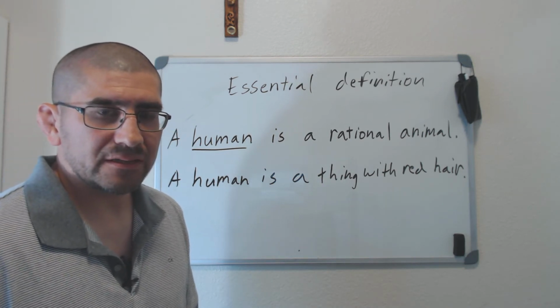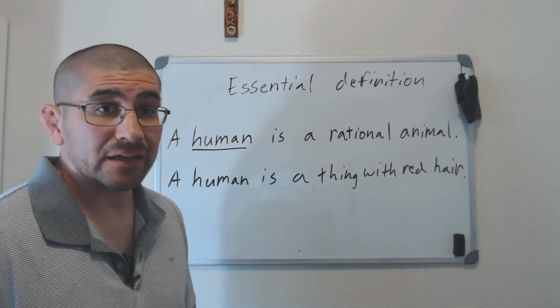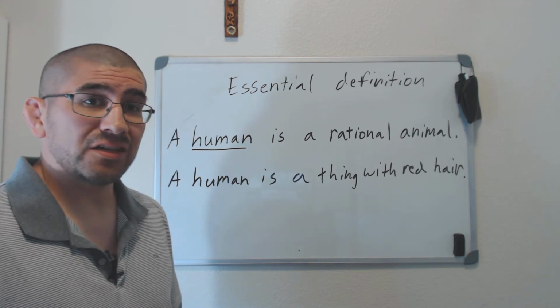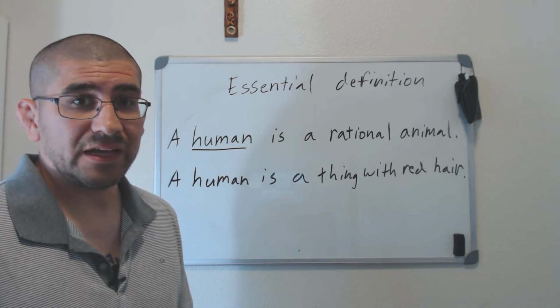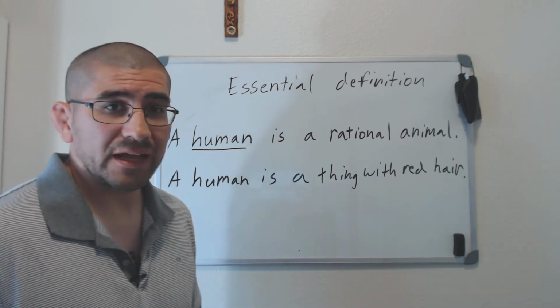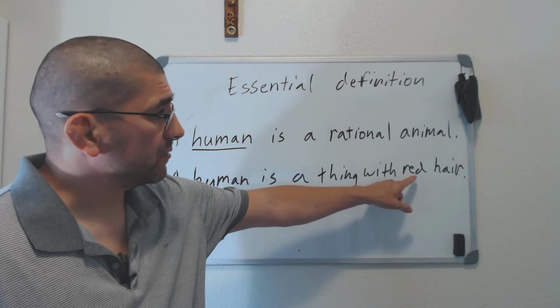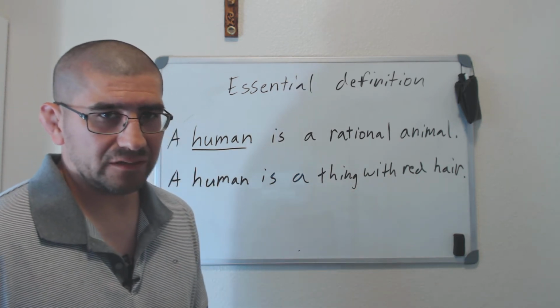You may say to yourself, whoa, not everybody has red hair. And you would be right, because not everybody does have red hair. This is not a good definition of a human being. Some people have black hair, brown hair. Some people don't have any hair. So this definition is not an essential definition.